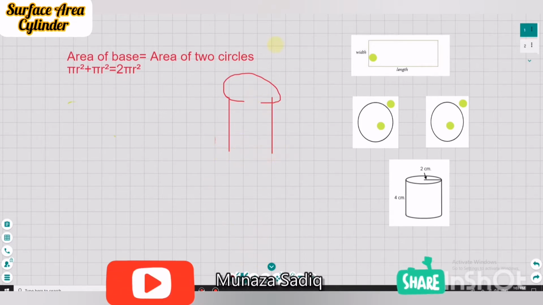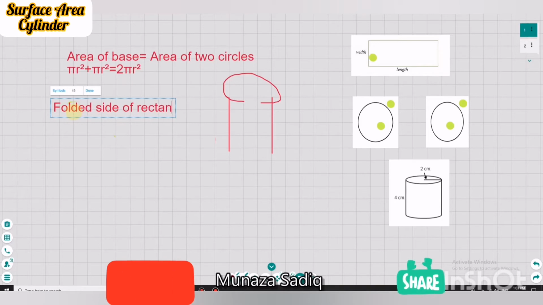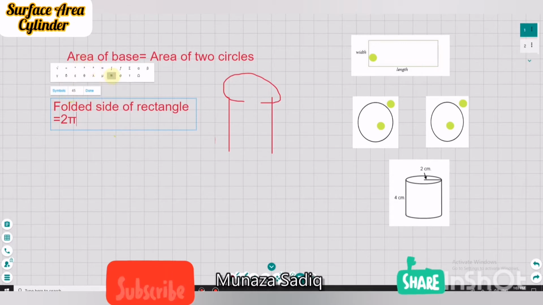So the folded side of the rectangle is equal to 2 pi r, and the height is equal to h.